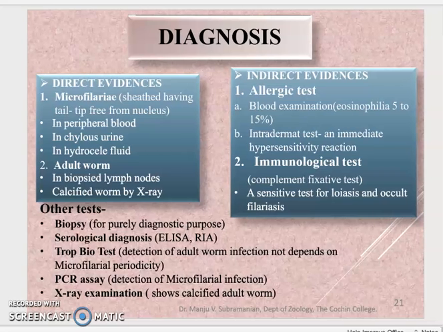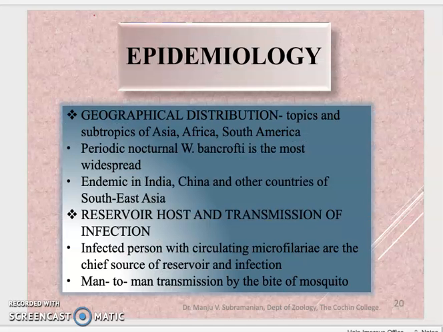The mosquito vectors of Wuchereria bancrofti have a preference for human blood, and it appears that humans are the only animals naturally infected by Wuchereria bancrofti. There is no reservoir host.